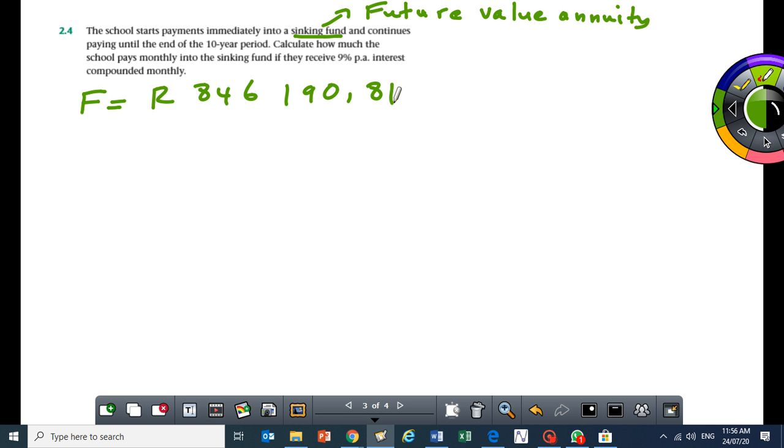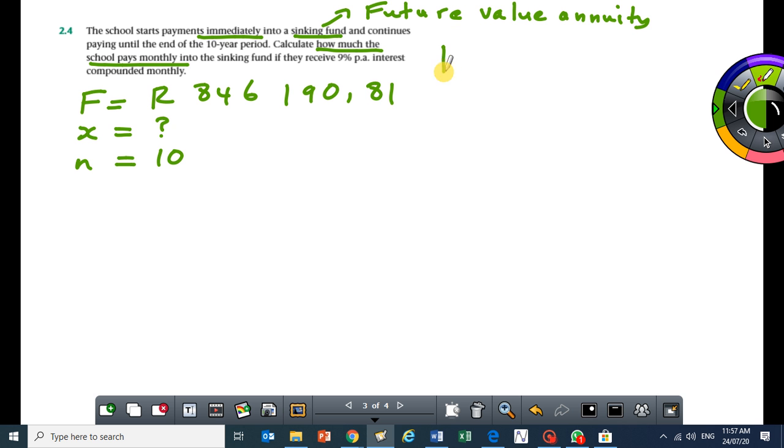All right, our X. The question says calculate how much the school pays monthly. So our X is unknown. That's the one we want to find. Our N is 10 years, but it says the payment starts immediately, which means T naught is included.